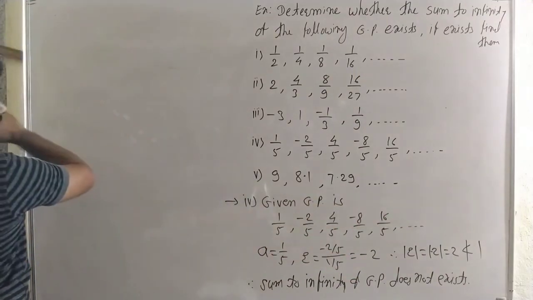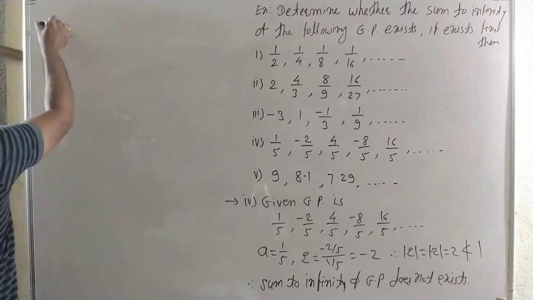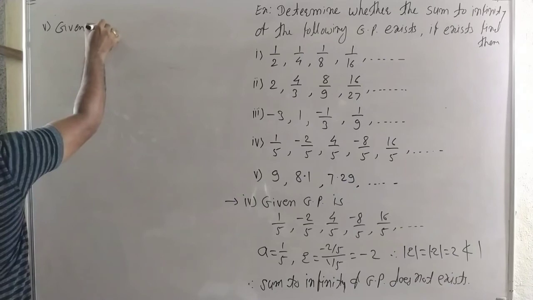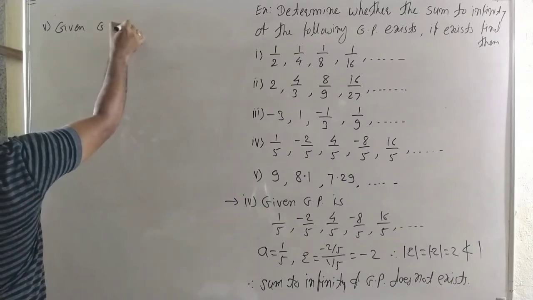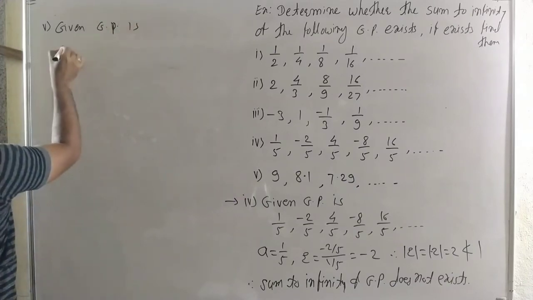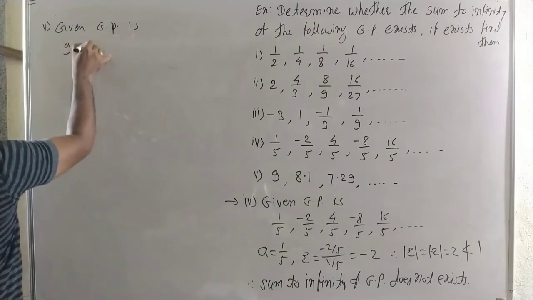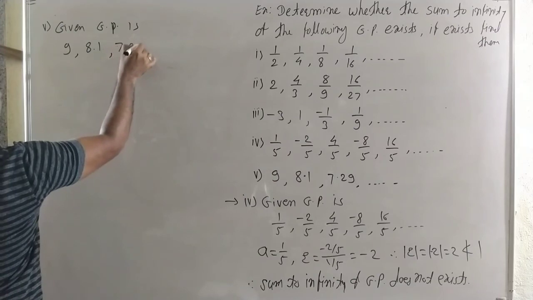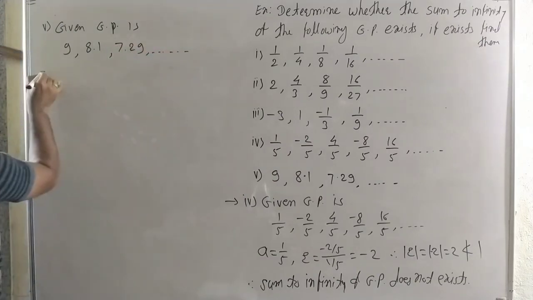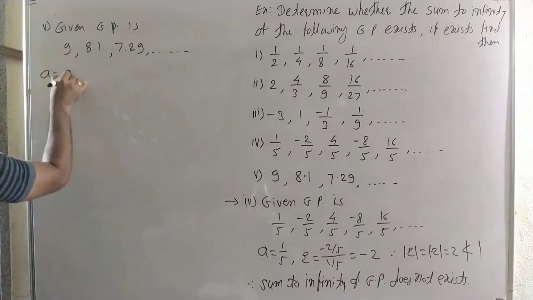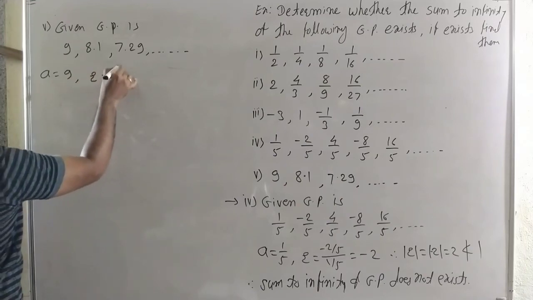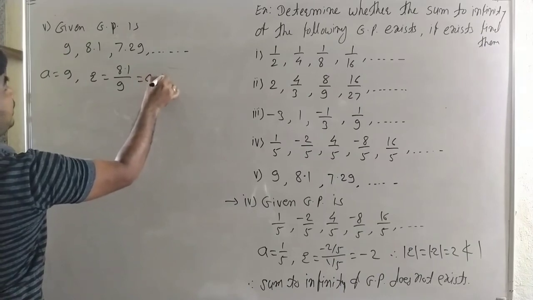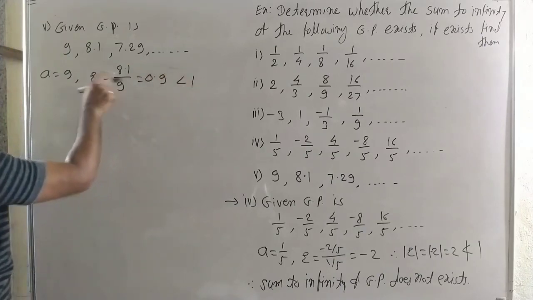Now the last example. Here the given geometric progression is 9, 8.1, 7.29, and so on. Here A is equal to 9 and R is equal to 8.1 upon 9, and that is 0.9, which is less than 1.